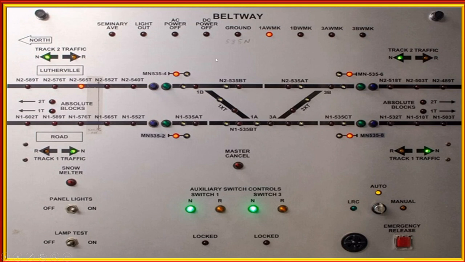If any of these track circuits within the interlocking are shown occupied, the detector locking test ensures that the switches cannot be moved if there's a train in the interlocking. That ensures that the switch does not move or change direction while a train is going across the switch.